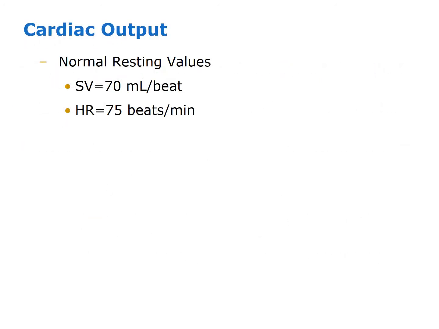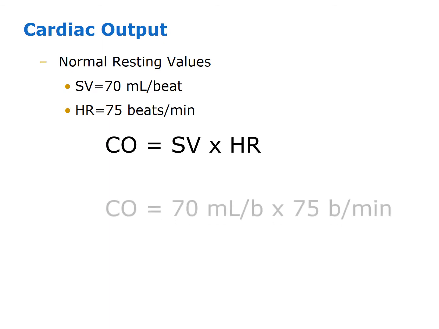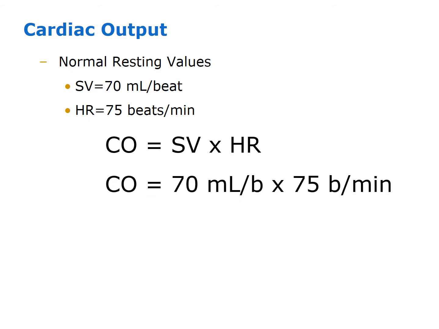So let's use our formula to calculate normal cardiac output for a resting individual. The resting stroke volume is typically 70 milliliters per beat, and normal resting heart rate is 75 beats per minute. Using our formula, we get 70 milliliters per beat times 75 beats per minute.